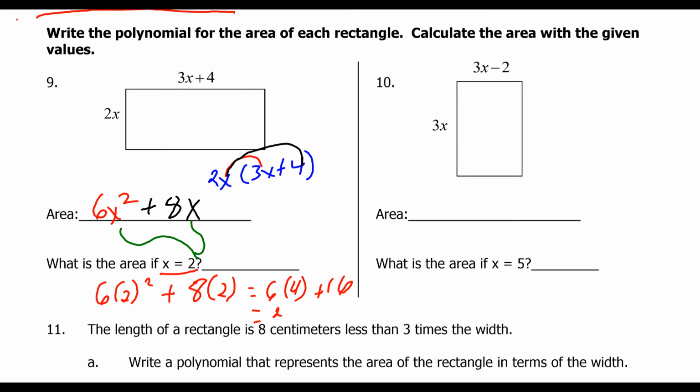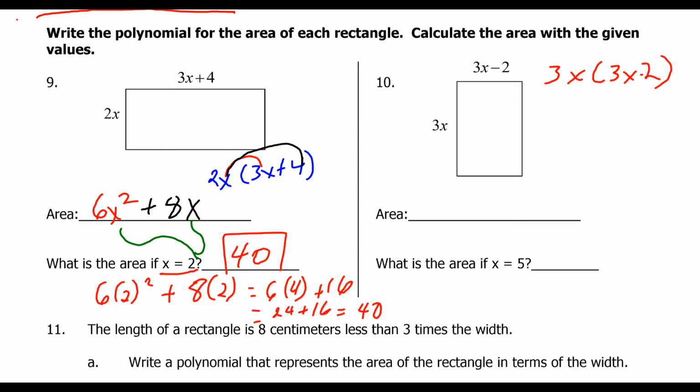And that's 24 plus 16, which equals 40. And we write that there. Now, on 10, we go 3x times 3x minus 2.